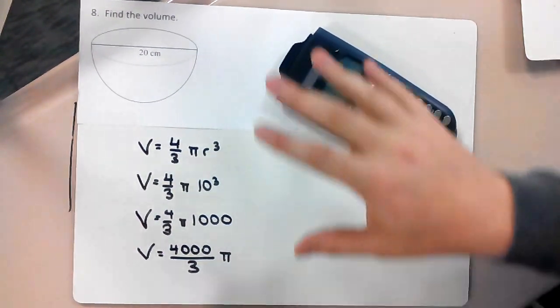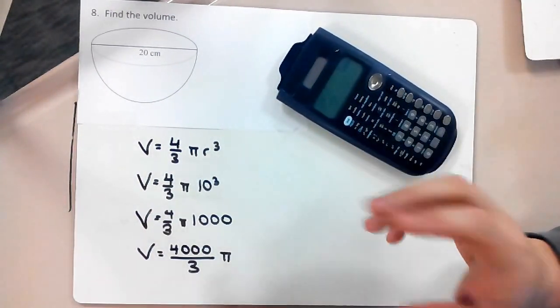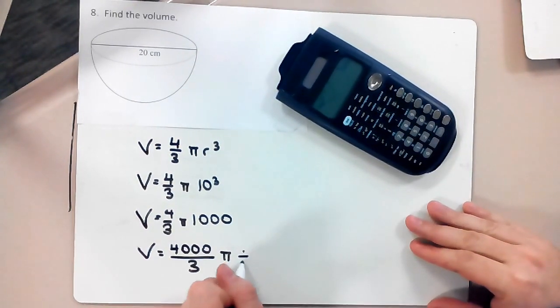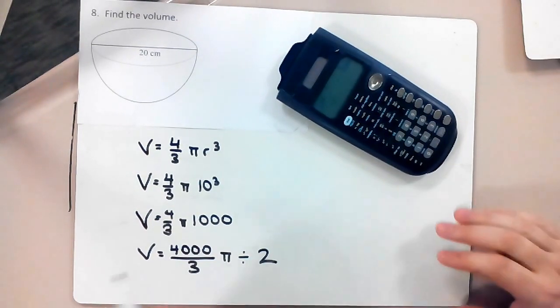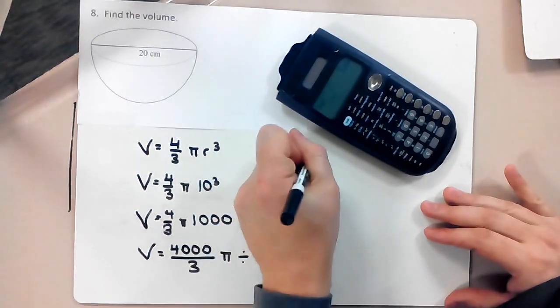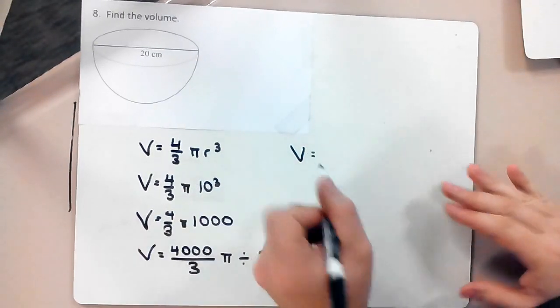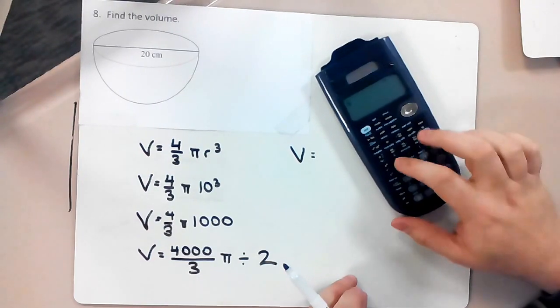What I just found is the volume of the whole sphere. I need to find the volume of half of that. So what I am going to do is divide that by 2. Or, as some of us know, when you divide fractions, you're really multiplying by 1/2. I'm going to plug that right into the calculator, save some time.